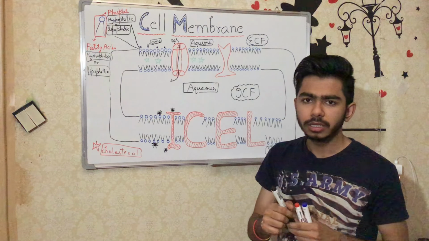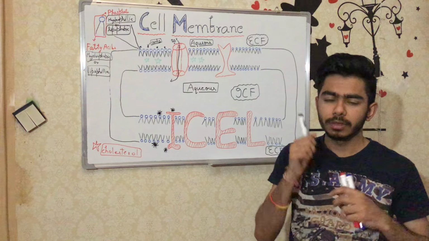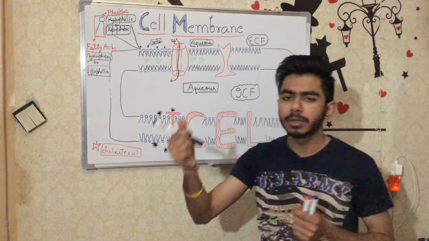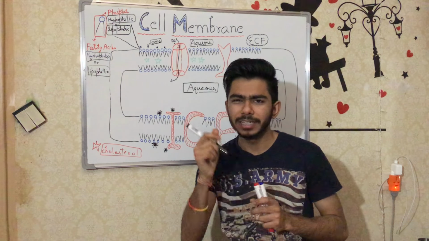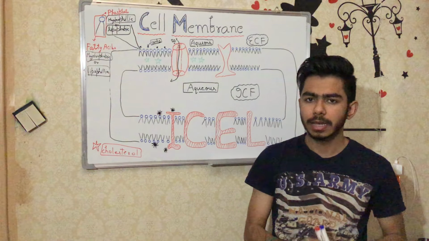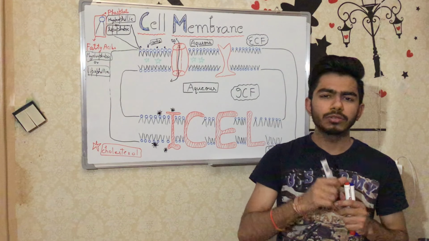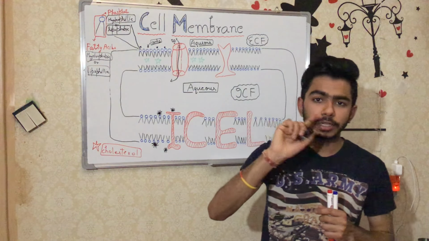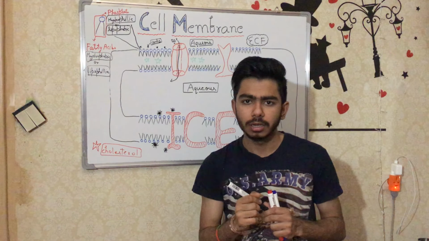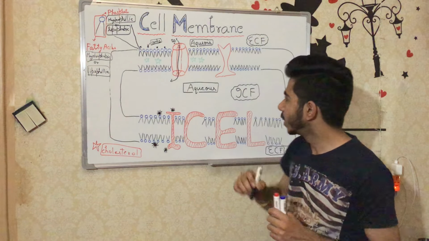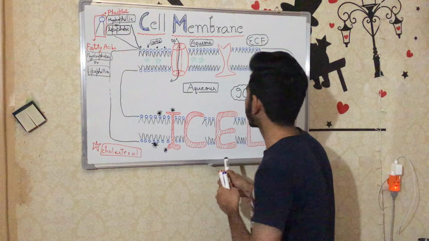They can bind over there and can convert the first messenger signal into the second messenger. For example, if any drug binds to the receptor, it will generate the first messenger signal. Let's talk about the receptor first.